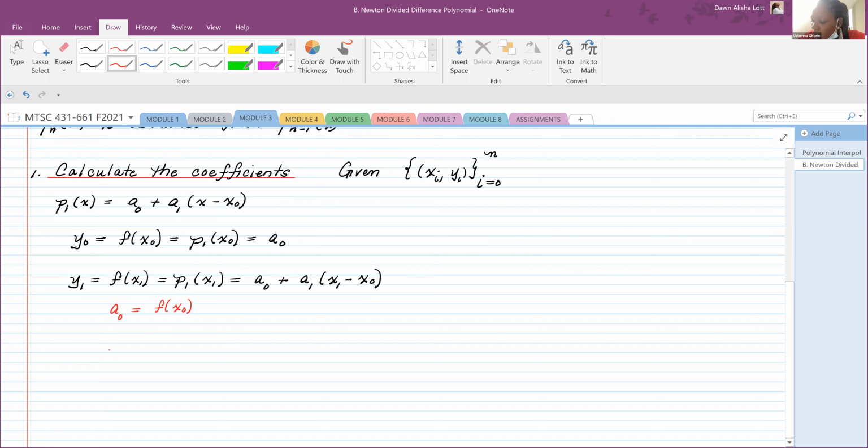And A1 is going to be F of X1 minus A0, which is F of X0, divided by X1 minus X0.